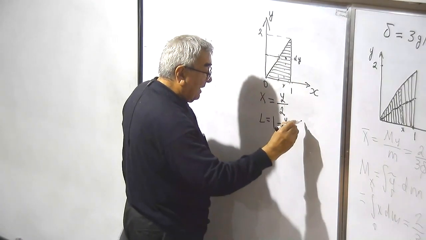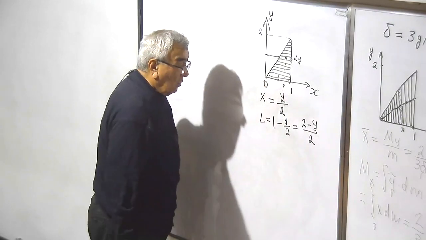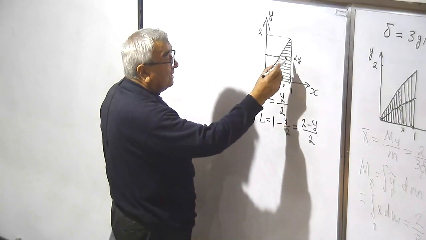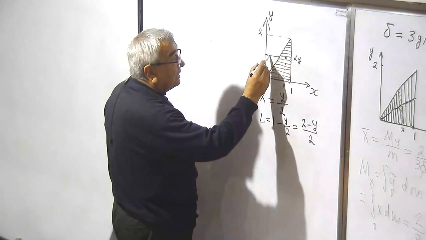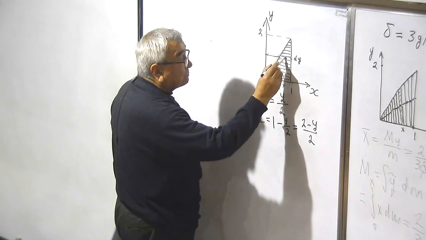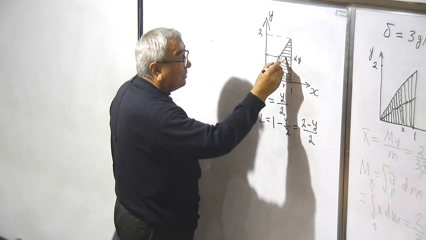I simplify: 2 minus y divided by 2. Now the position of this: if from the total distance, which is equal to 1, I subtract this half, I receive exactly the coordinate of x.